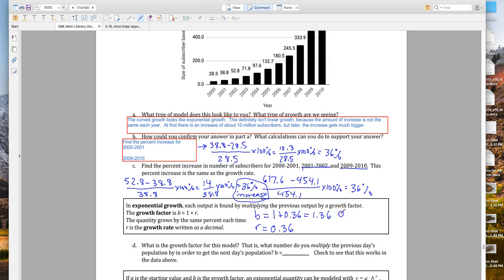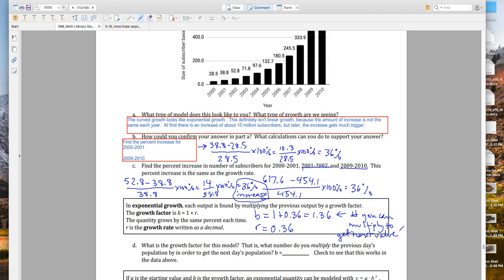our growth factor. This is the number you can multiply to get the next value or output. So what is the growth factor for this model? We just found it.